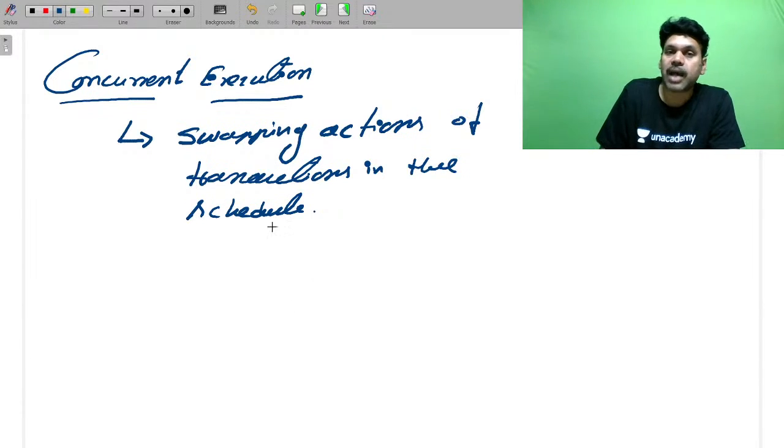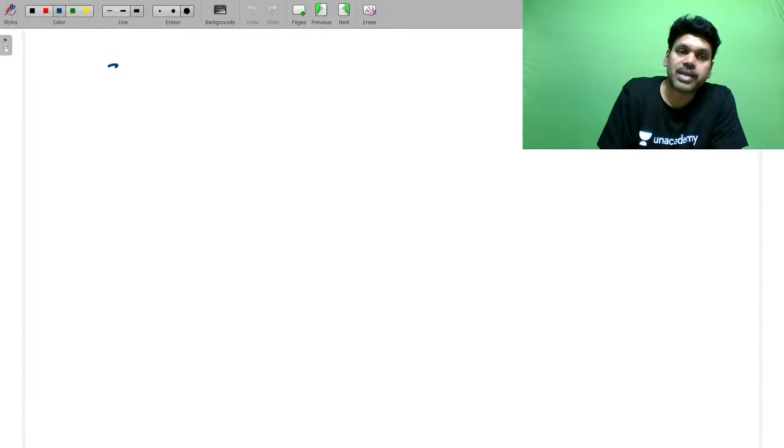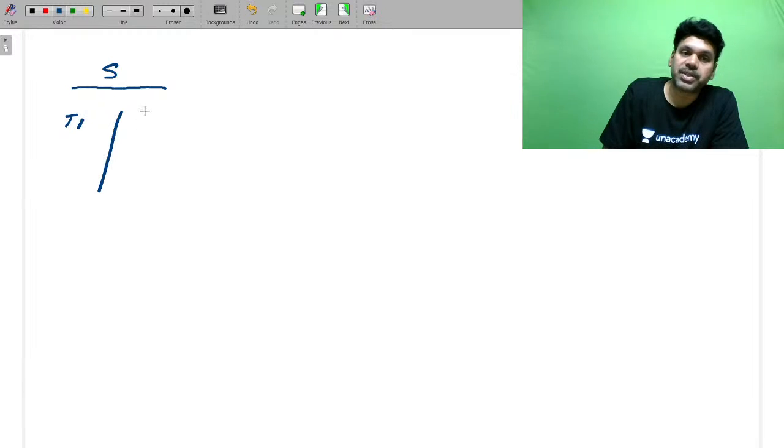Now I will show you one example of how you can swap them. Say there is a schedule S which consists of 2 transactions, T1 and T2.